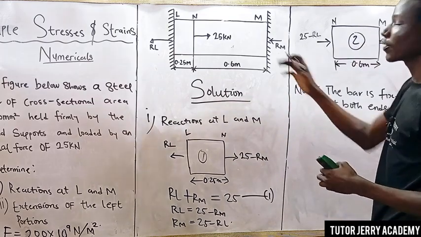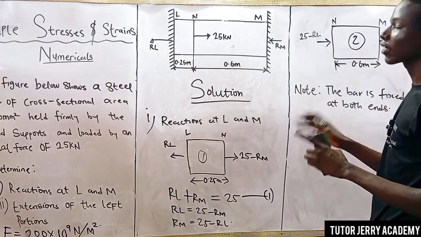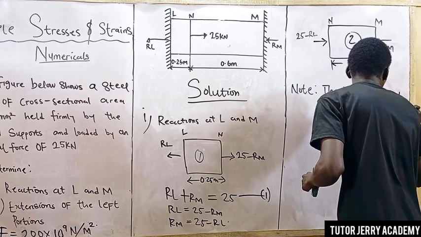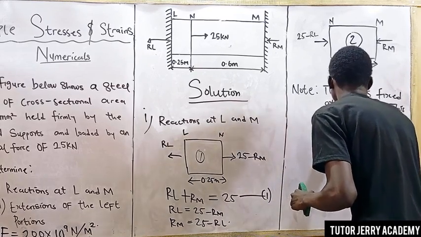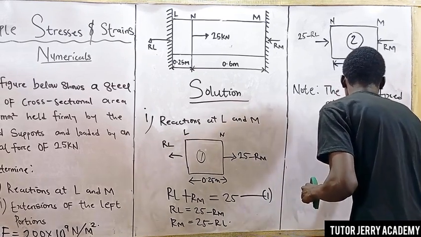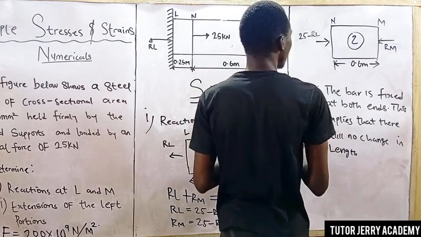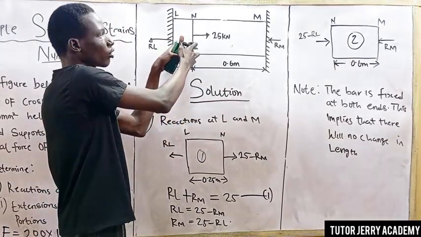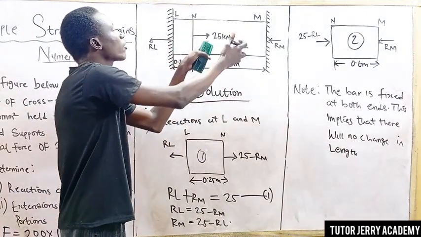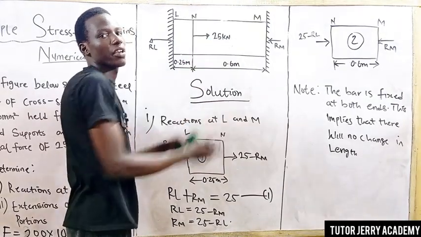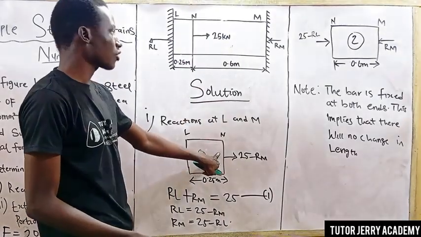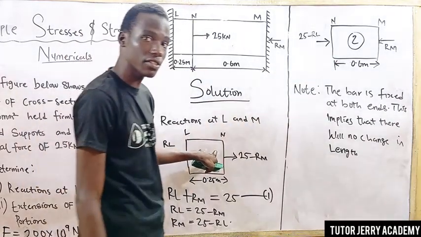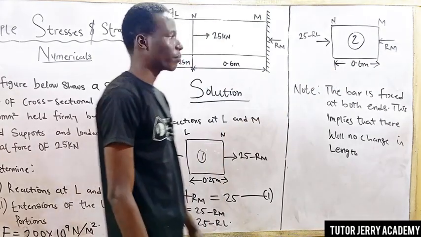Now, if this bar is fixed at both ends, it implies that there will be no change in length. If there is no change in length, what it means is that the extension produced here will be equal to the compression produced here. That is, this section here will be equal to this section here, although this section is in tension and this is in compression.